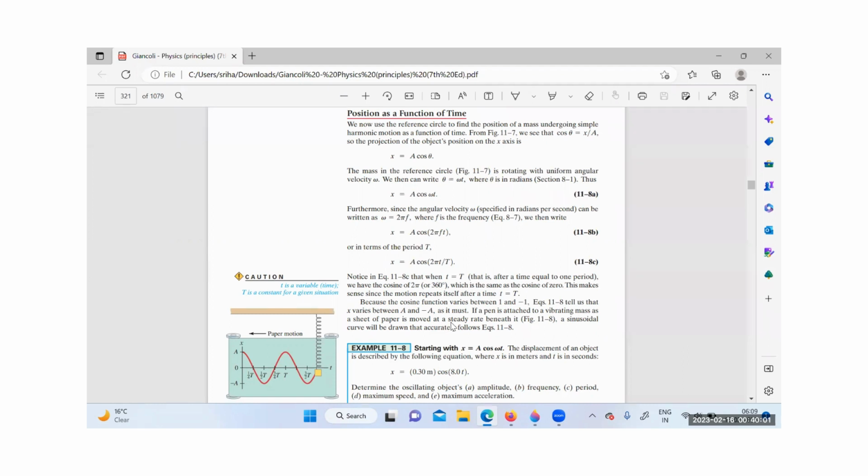No. Or is it 2 pi f equals 8? See, the displacement equation is what? X is equal to a into cos of omega t. So here, omega is equal to 8, right? And what is omega? It's angular velocity, which is equal to 2 pi times f. So from that you can calculate f, right? Yeah. So it's 8 over 2 pi. Correct.